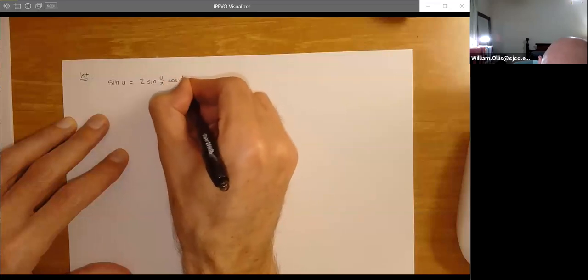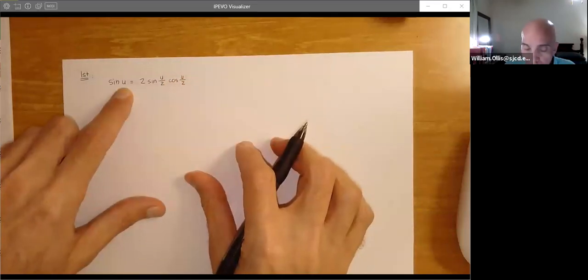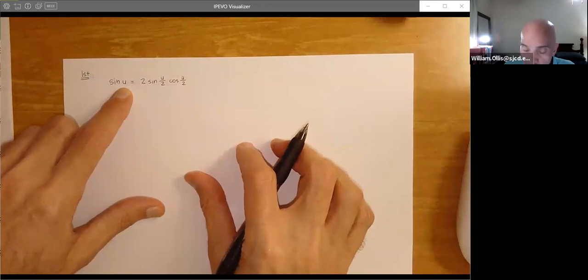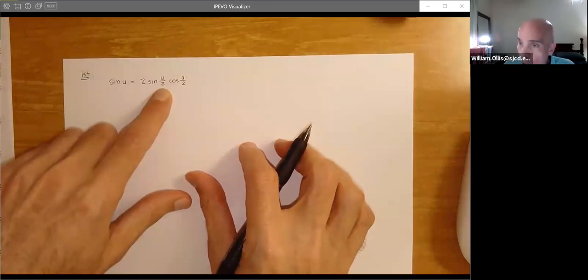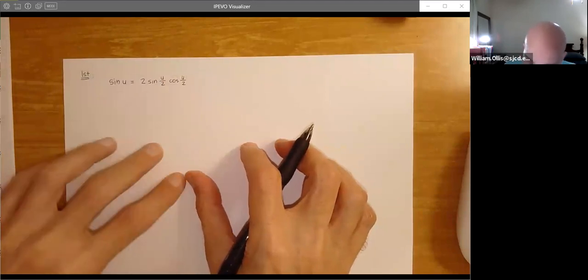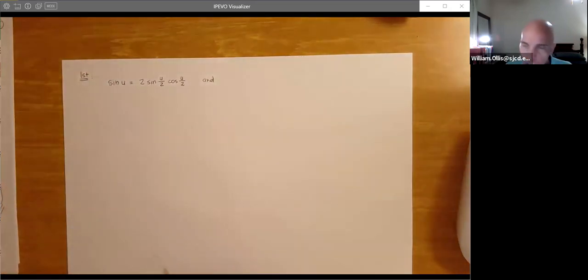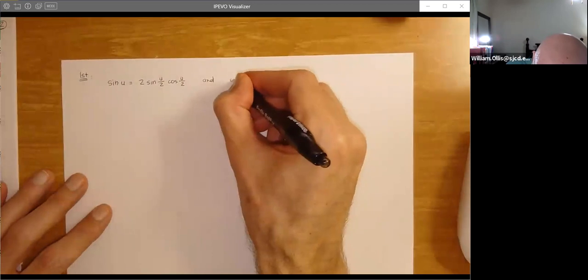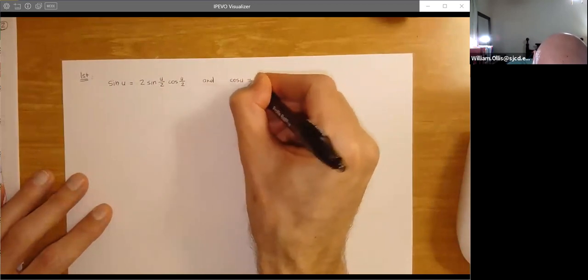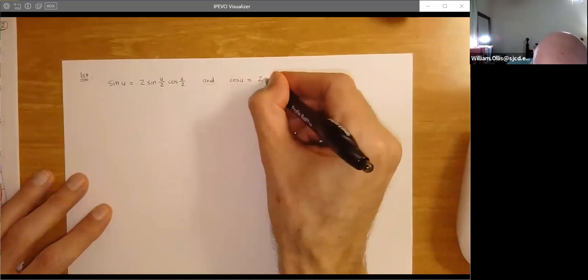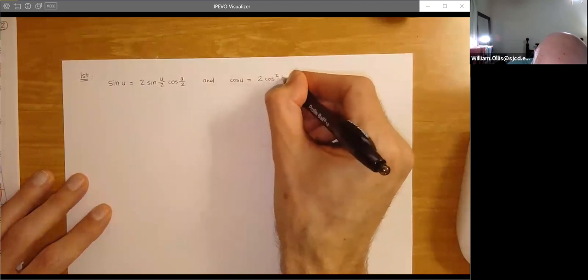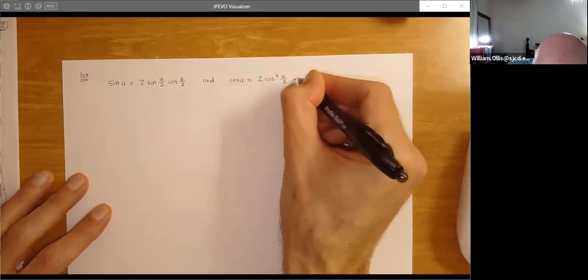So this is sine of the double angle, where we've just replaced 2a with u, and then of course the a is u over 2, just like we did before. And this is where we use one of the alternate forms for the cosine. Cosine u equals 2 cosine squared u over 2 minus 1.